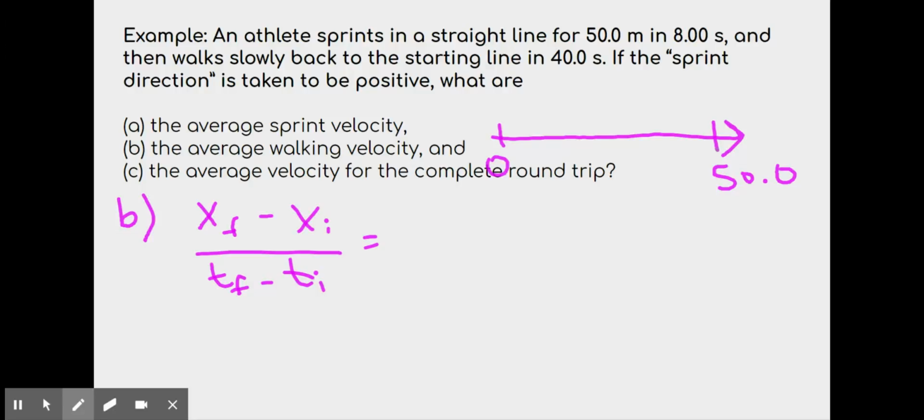And this time, the athlete is walking back. So the athlete starts down here at 50 and moves towards 0, back to the starting point. So in this case, my final position is going to be 0. And my initial position is 50.